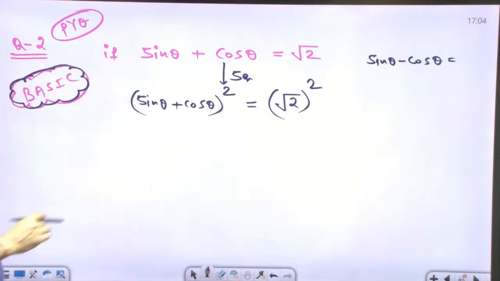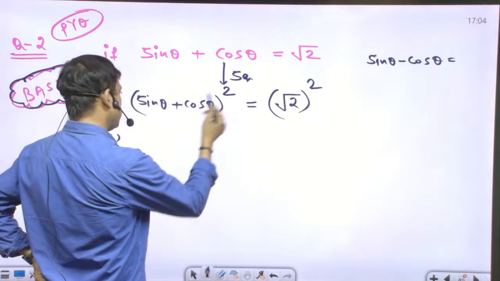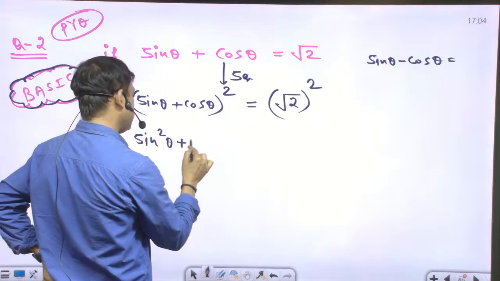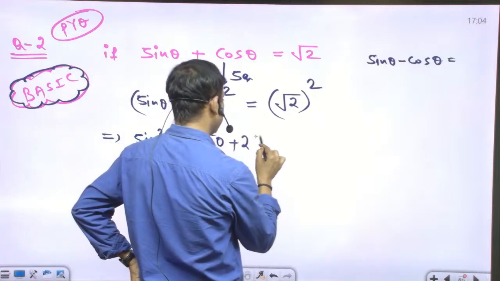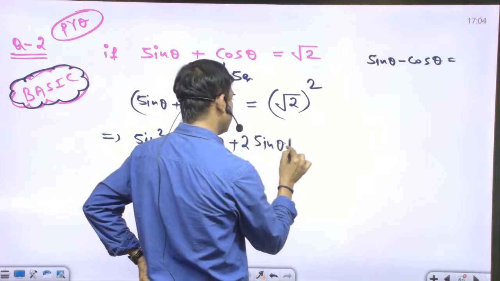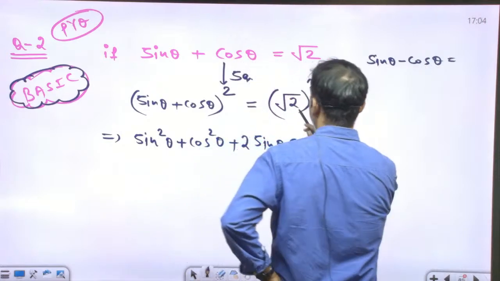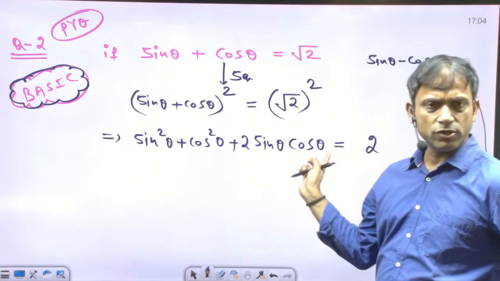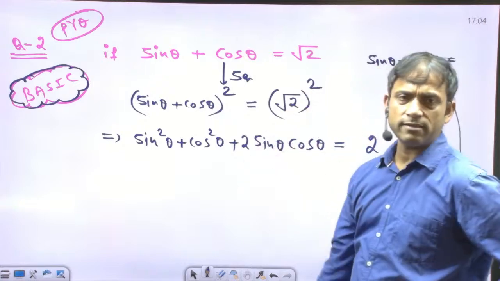Now expand: (a plus b) whole square is a square plus b square plus 2ab. That is sin square theta plus cos square theta plus 2 sin theta cos theta equals root 2 square. Square of root 2, the square and root cancel, so it is only 2.